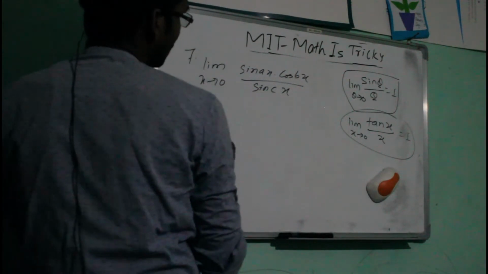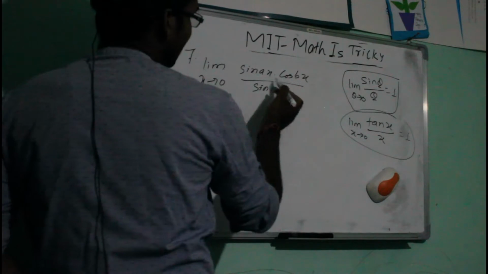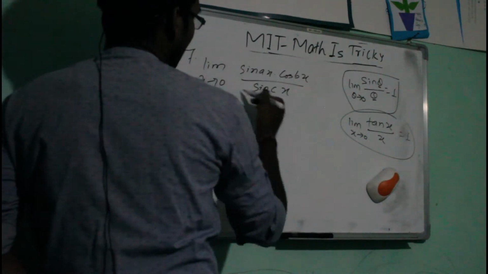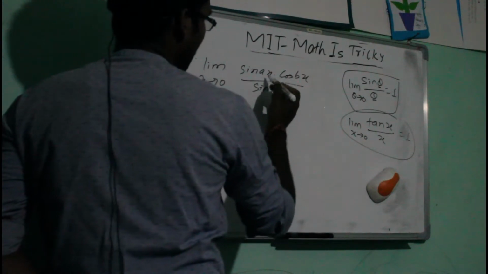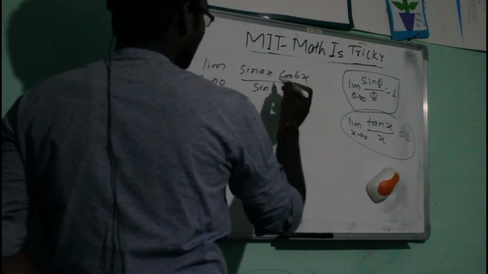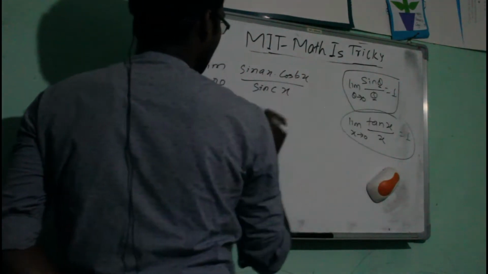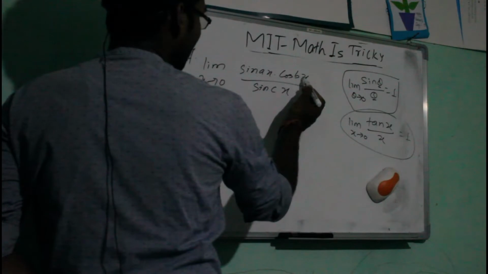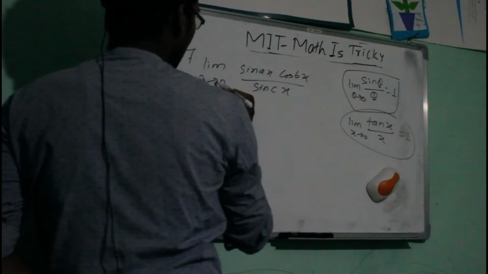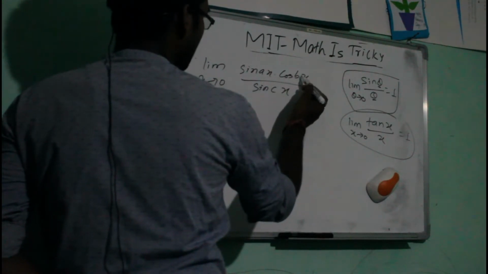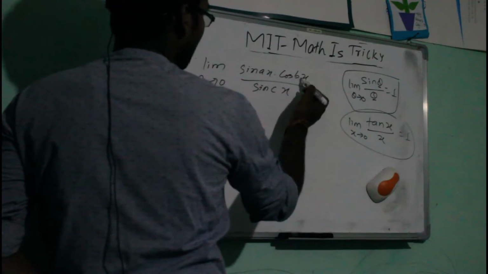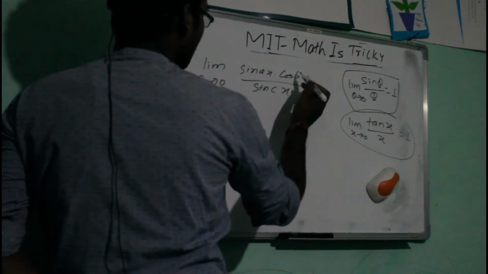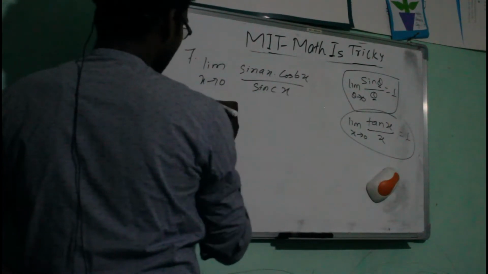For this, we can see sine in this given expression, so we have to manage them so that it goes in the formula sin theta by theta. But this cos bx, we don't have to worry about it, because if we put x equals 0, it is going to be cos 0, and that is 1. It is giving a finite number, so don't worry about that.